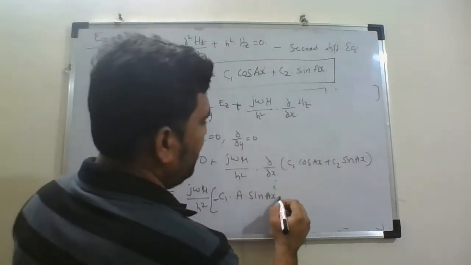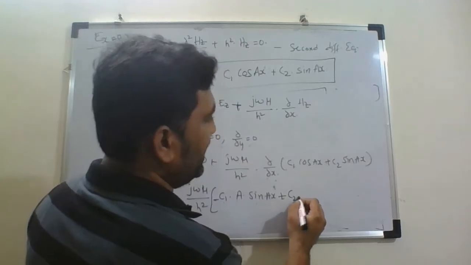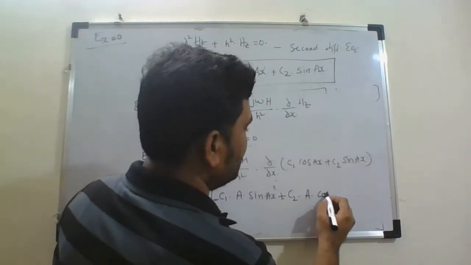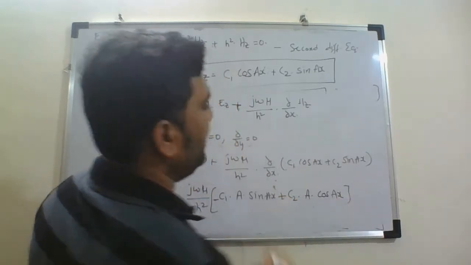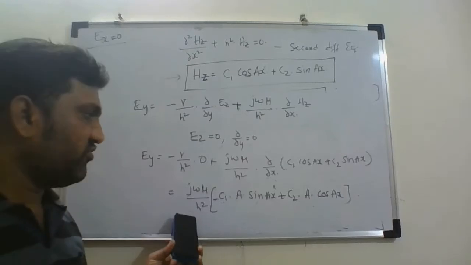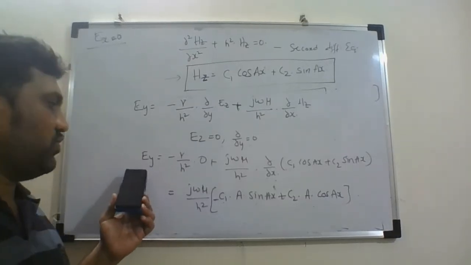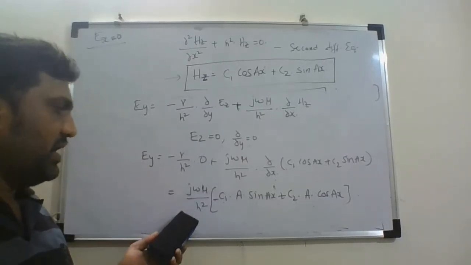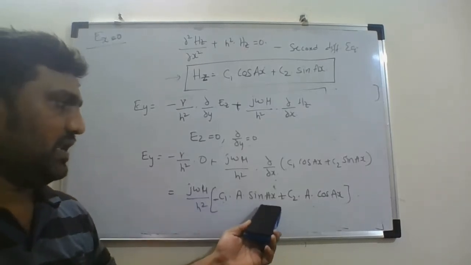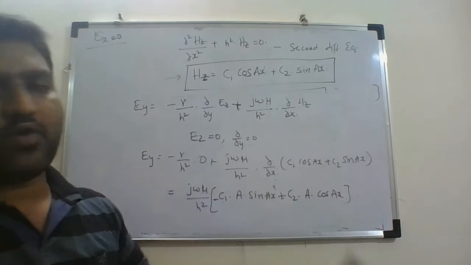Next, plus C2 into the differentiation of sin ax, which is a cos ax. So Ey is equal to jωμ/h² into minus C1 a sin ax plus C2 a cos ax.